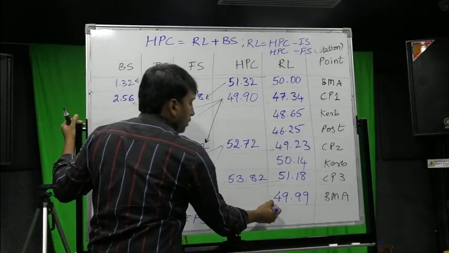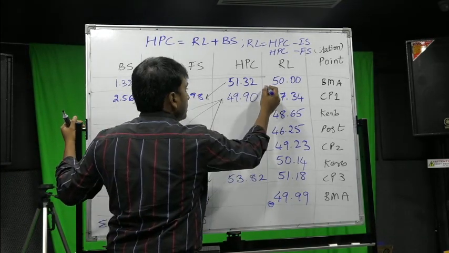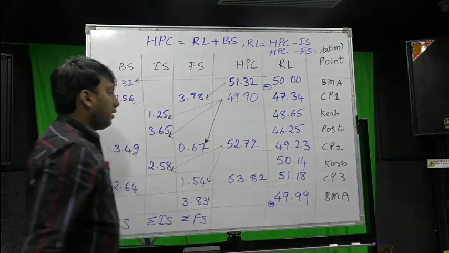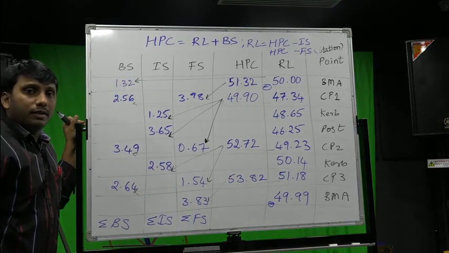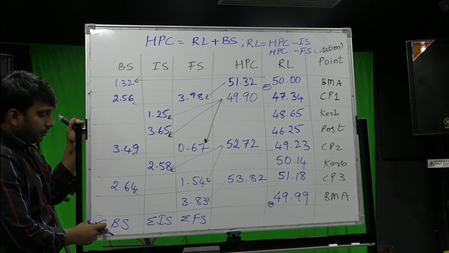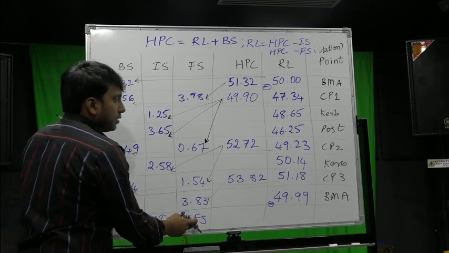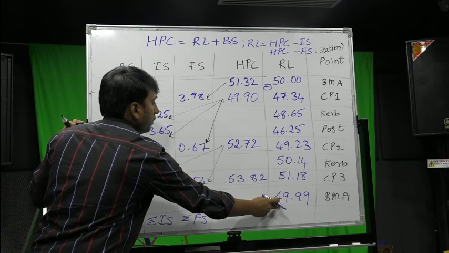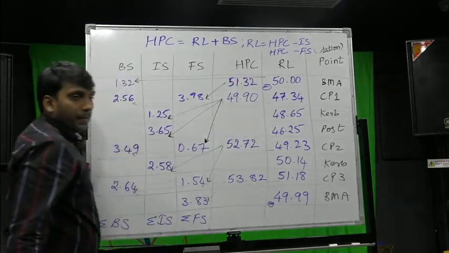Consider this the last RL and this the first RL. I will show it to you again in the presentation how to calculate. The basic formula is sigma BS minus sigma FS is equal to last RL minus first RL.